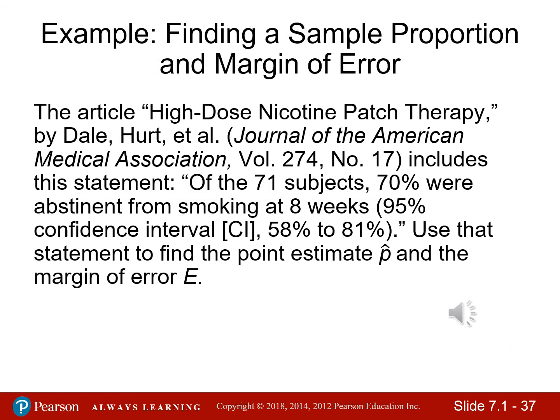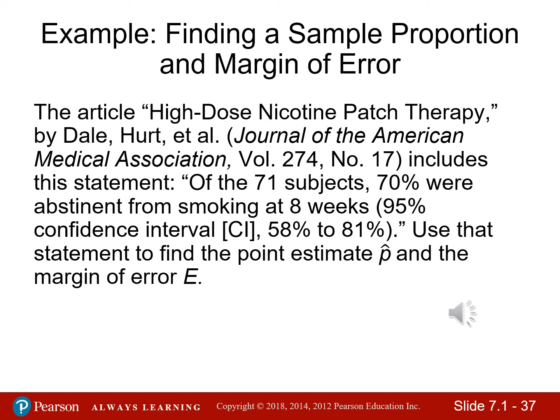Let's consider this example. The article High-Dose Nicotine Patch Therapy by the authors Dale, Hurt, et al. include this statement: of our 71 subjects, 70% were abstinent from smoking at least 8 weeks, with a confidence interval of 58% to 81%.